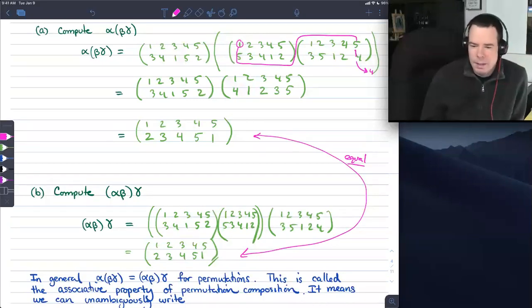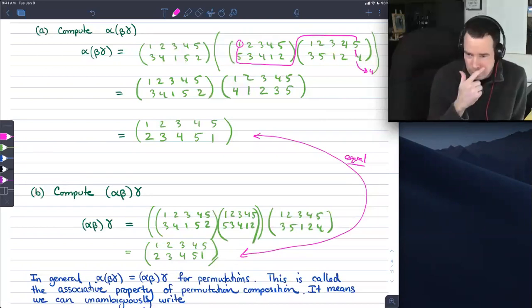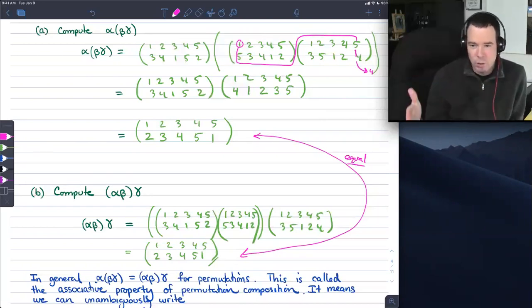So what does that even mean? That means if I'm going to multiply three permutations, alpha, beta, and gamma, in that order, I'm going to have to multiply two of them first before I multiply by the third. This tells me that it doesn't matter whether I multiply the first two first or the last two first. Either way, I'm going to get the same answer.